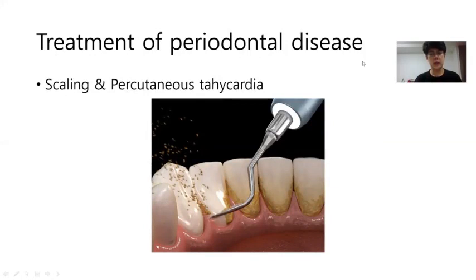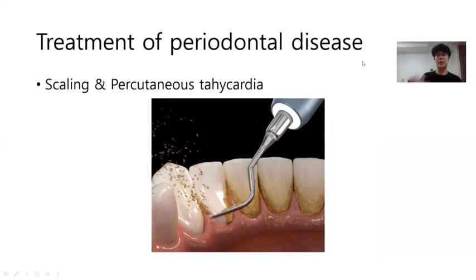The first treatment is scaling and percutaneous curettage. Scaling is a technique to remove plaque and tartar that causes periodontal disease, as we know. And the second one, curettage, is also a technique for removing plaque and tartar, and it is removing inflammatory factors embedded in the root surface of the teeth.